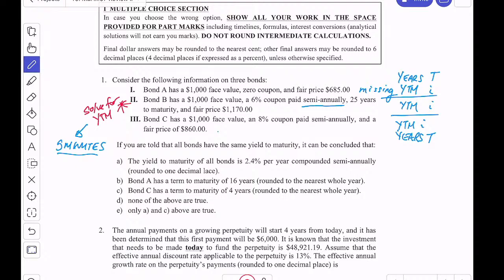On the test, number one, on the test, $56,858.26.